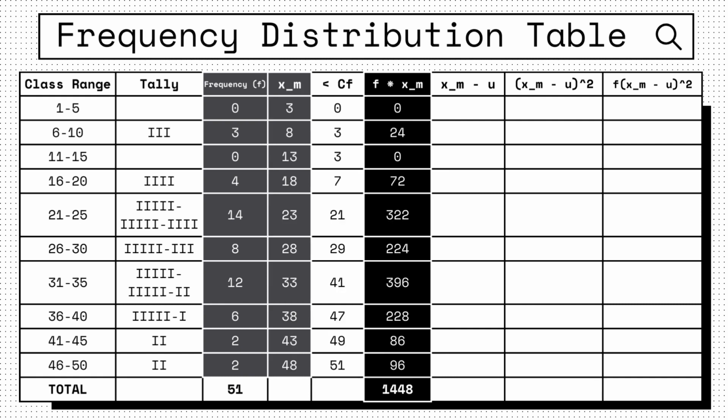For the sixth column, we are going to identify the f times x sub m. We have 0 times 3 equals 0, 3 times 8 equals 24, 0 times 13 equals 0, 4 times 18 equals 72, 14 times 23 equals 322, 8 times 28 equals 224, 12 times 33 equals 396, 6 times 38 equals 228, 2 times 43 equals 86, 2 times 48 equals 96.